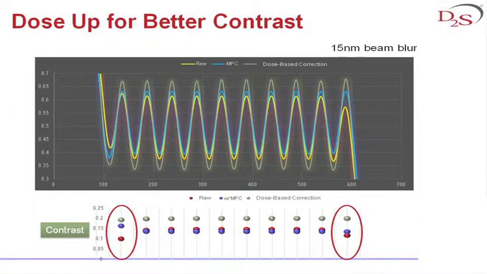But you can improve the contrast, which directly translates to CD uniformity and line edge roughness improvements. You can improve it the best if you do dose-based correction, as you see in the green on both the plot and the contrast dots down below.